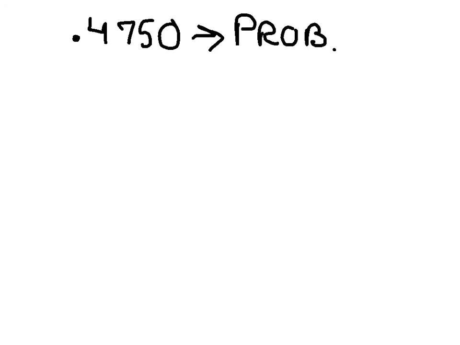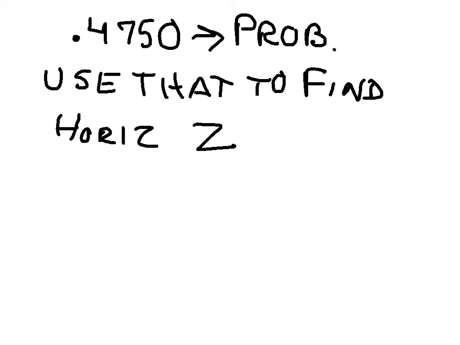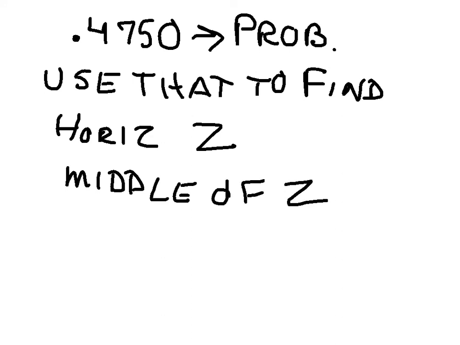And we're going to use that to find horizontal z. Kind of like finding our percentiles like we did in the last section. So when we have that 0.4750, we're going to look in the middle of the z table, and look for the closest hit to 0.4750.